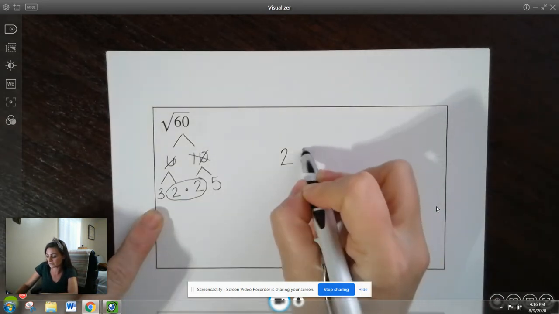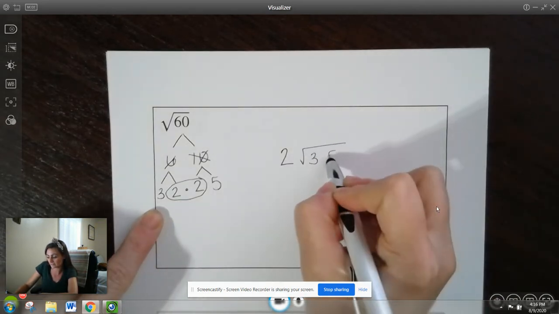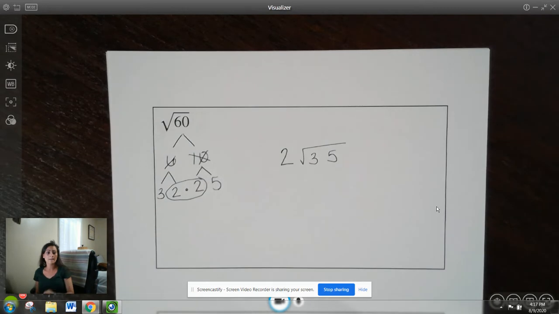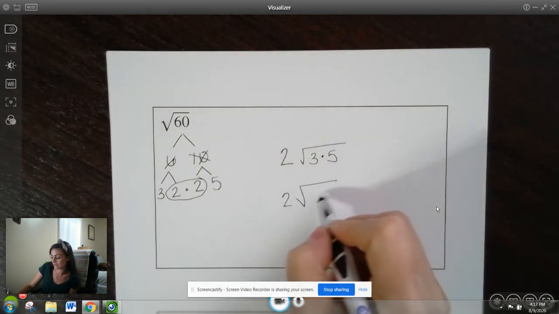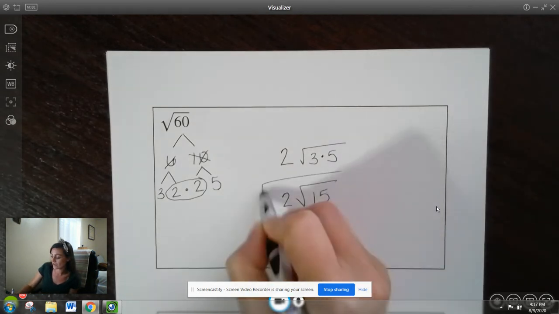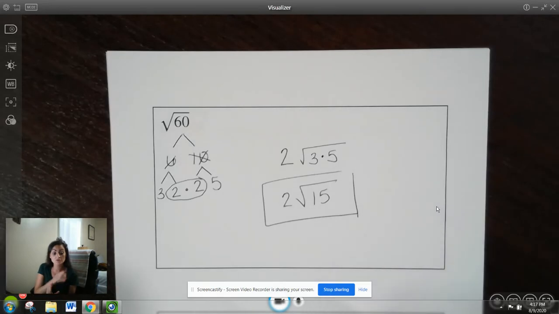Now I have a 3 and a 5 left over that have to go inside. But it's not 35, it's 3 times 5. So ultimately, in the end, I have 2 radical 15, or 2 times the square root of 15.